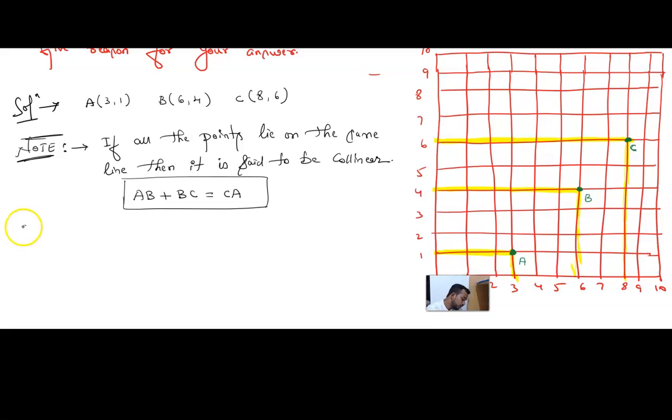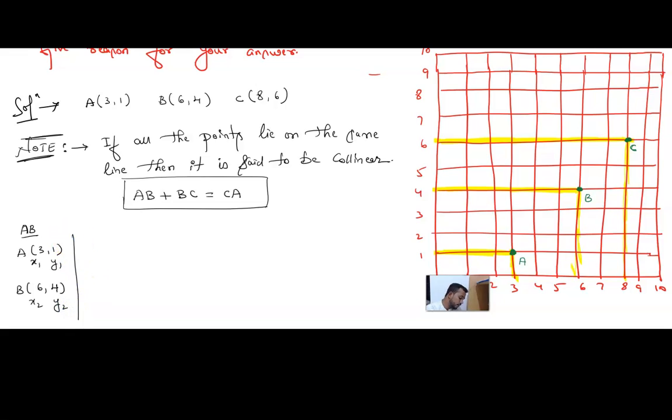Okay, so first I am going to find the distance between A and B, that is AB. So what are the coordinates of A? That is 3, 1, and the coordinates of B are 6, 4. Got it? So 3 is x1, 1 is y1, 6 is x2, 4 is y2.